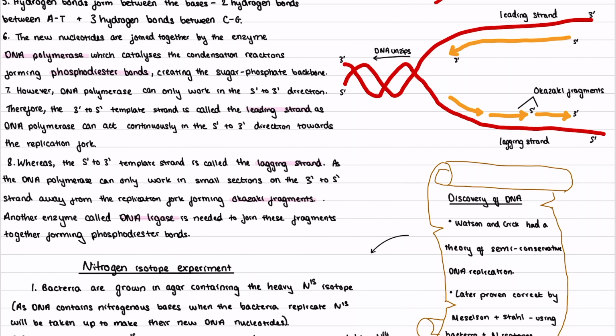Whereas, the 5' to 3' strand is called the lagging strand, as the DNA polymerase can only work in small sections on the 3' to 5' strand, away from the replication fork, forming Okazaki fragments. For this strand, another enzyme called DNA ligase is needed to join these fragments together, forming phosphodiester bonds.